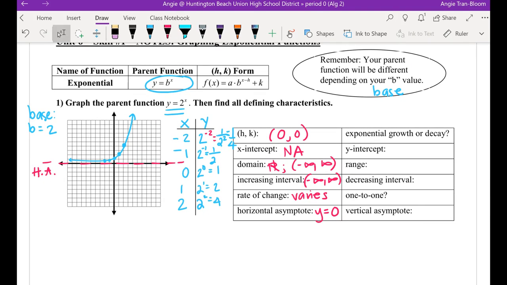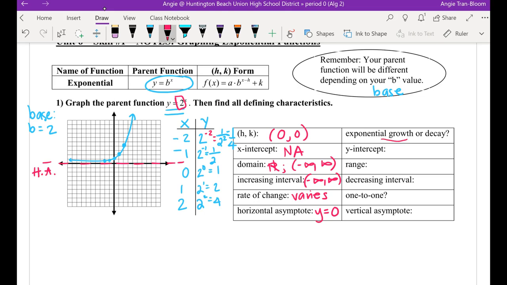Now, this is a new concept. Is it an exponential growth or is it a decay? What does that mean is, it's a growth function if your base value is bigger than guess what? 1, okay?